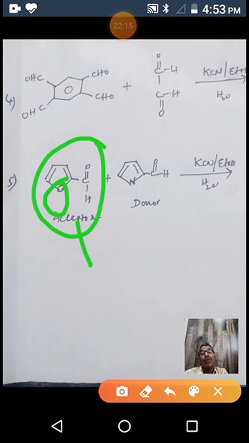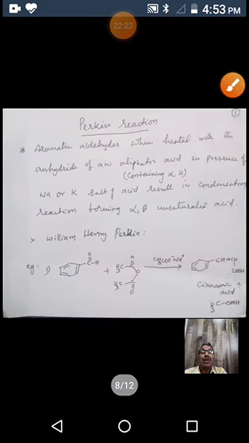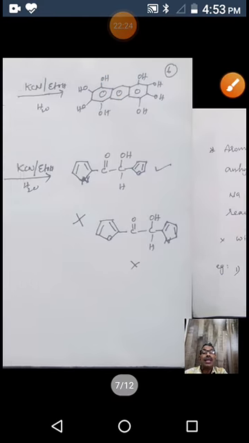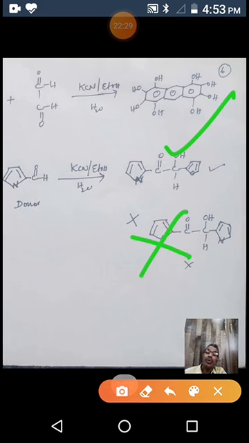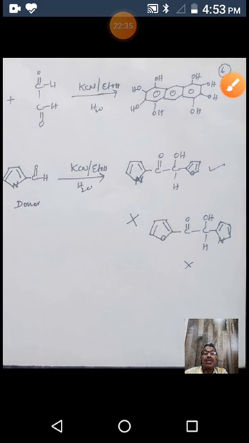Nitrogen is less electronegative than oxygen, so it acts as a donor. That's why we expect only this type of product, not this compound. This is due to the electron releasing nature of nitrogen and the electron attracting nature of oxygen.